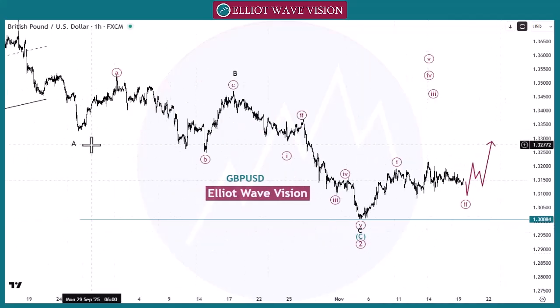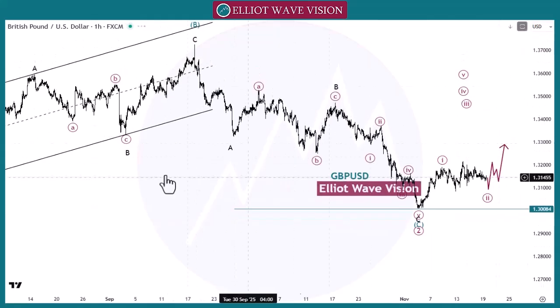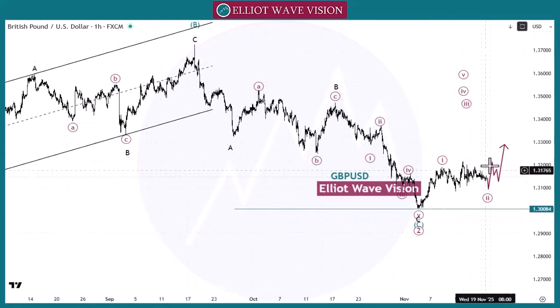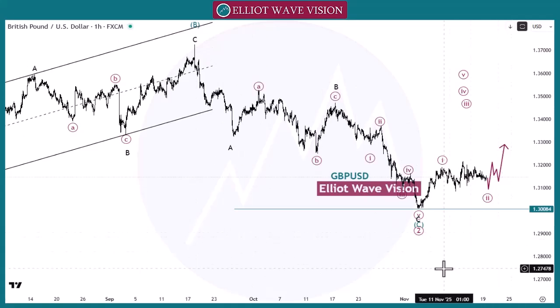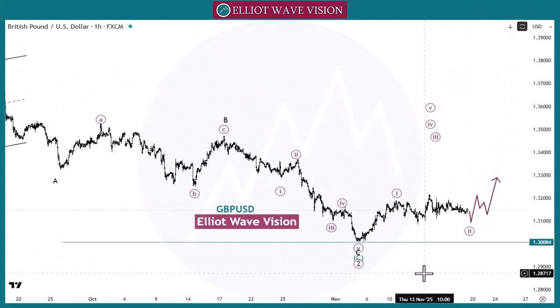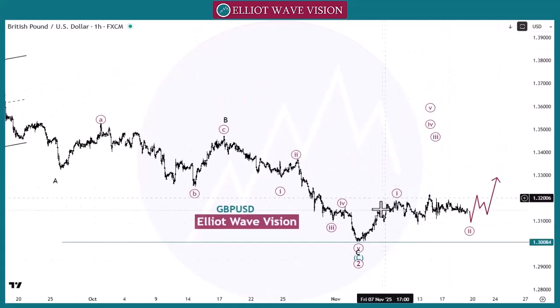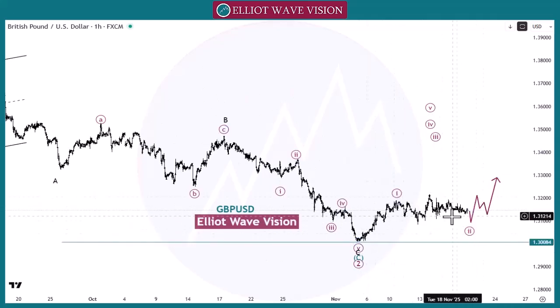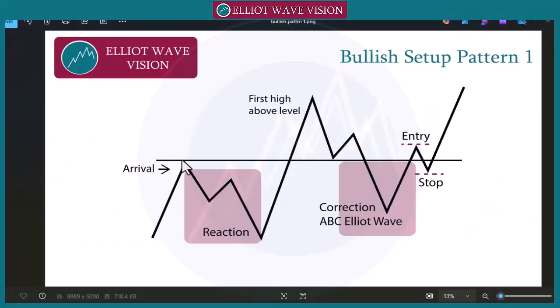If this is wave A, wave 1, 2, 3, 4 and wave 5, so in British pound, this move looks more like an impulsive move and this is the correction. Now we need to wait for the classic trading level pattern like arrival, reaction, first high above level. The market arrived and now the market is reacting.